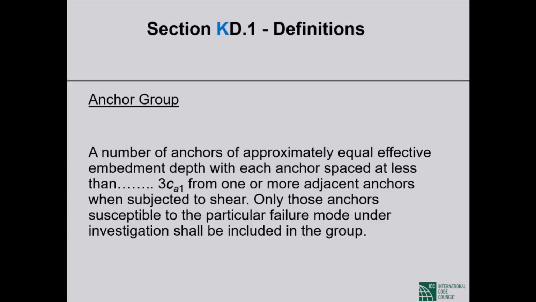So you pretty much have to replace H sub EF in the tension strength equations by C sub A1 in the shear strength equations. I hope what I'm trying to say is clear. Okay, so a group meant distance between anchors less than 3 times embedment depth when it was tension. Now a group means spacing between anchors less than 3 times C sub A1 when we are talking about anchors in shear.